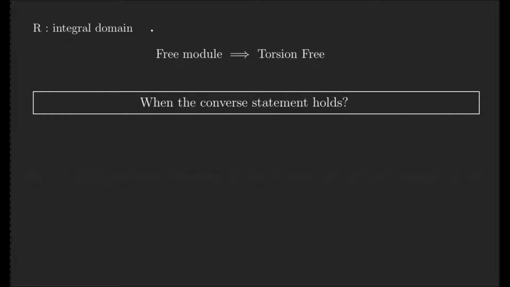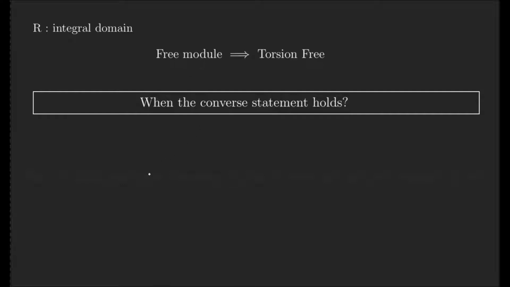Let's see again the relation between free module and torsion free. If R is an integral domain with unity, every free module is clearly torsion free, but not vice versa, because of the rational number Q as the counterexample of this relation. But our natural question is when the converse statement is satisfied.